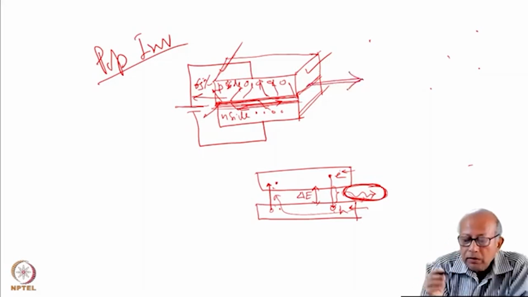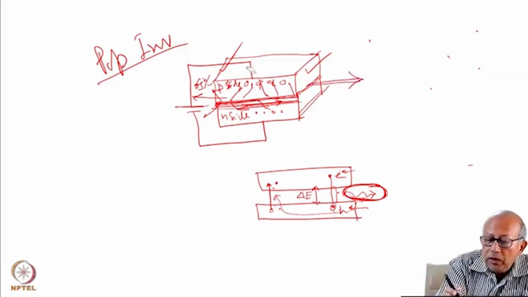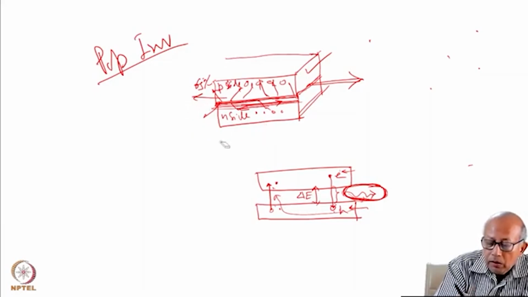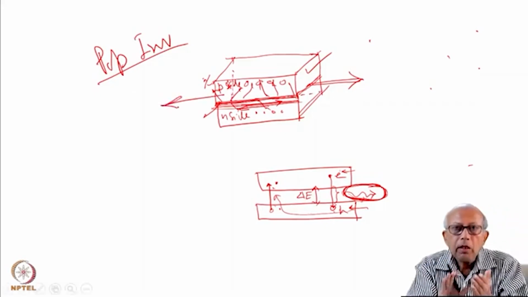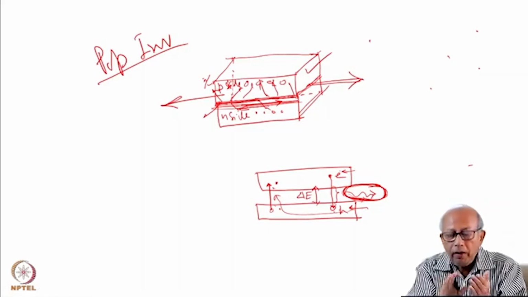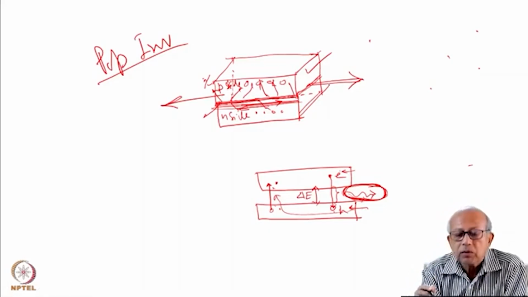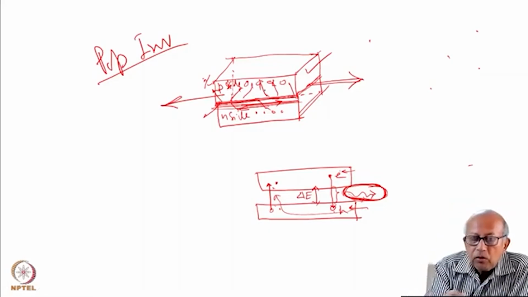This is the laser beam, and it will be emitted from both the faces, because both the end faces will transmit 65% of light and 35% will be reflected.